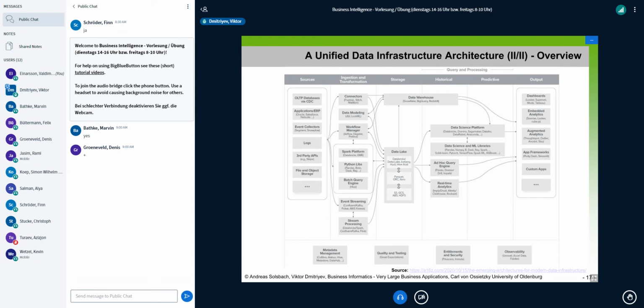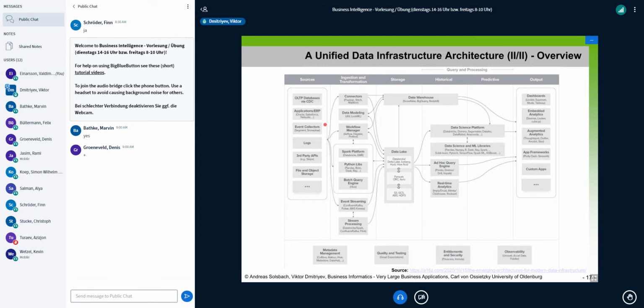It looks a bit complicated, but it's an overview, and you can check it later on. But let's look at a couple of examples. On the left side, you have the data sources. They're listed, and you see those dots. They can go on; it depends on the use case.